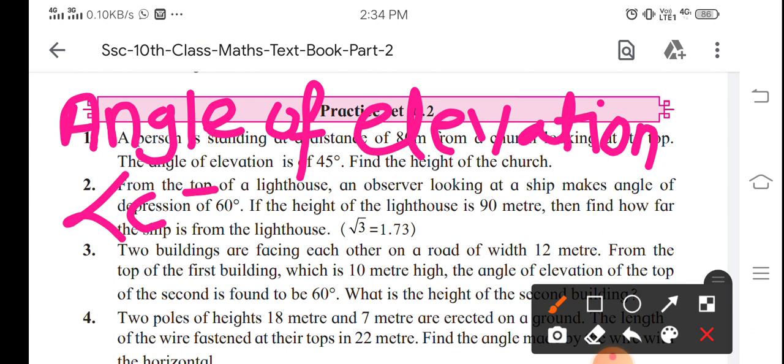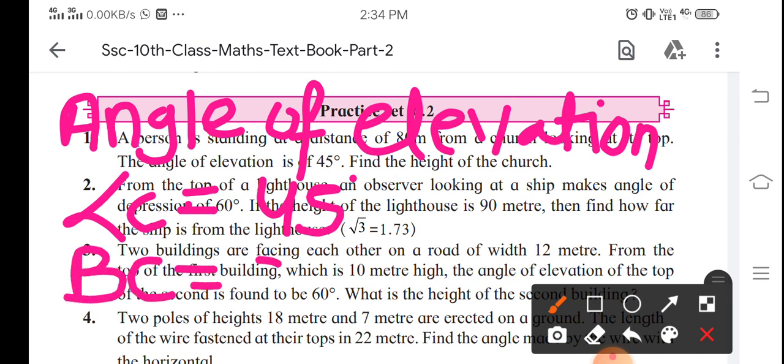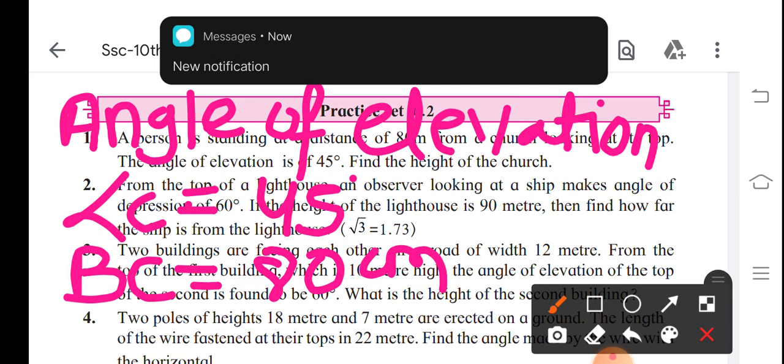Angle C is 45 degrees. And BC, the distance from that person, they have given as 80 meters. Till now, what I have written is the given data only. I think this is clear.